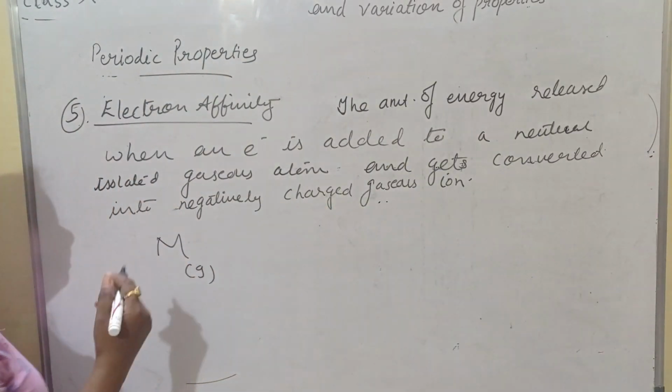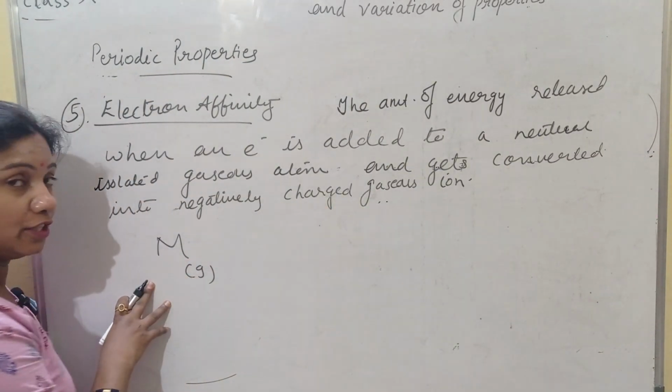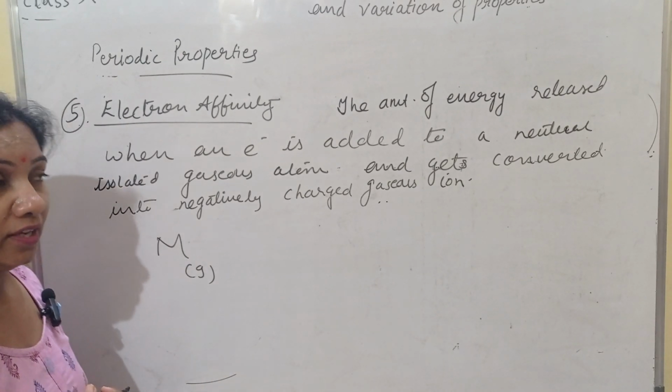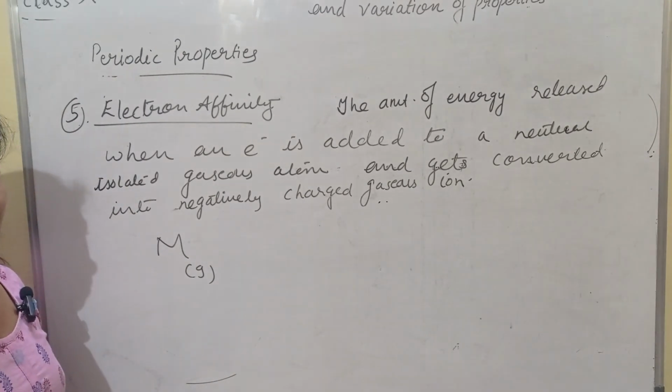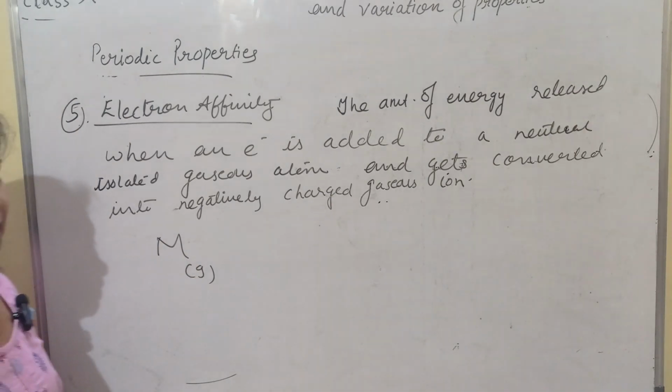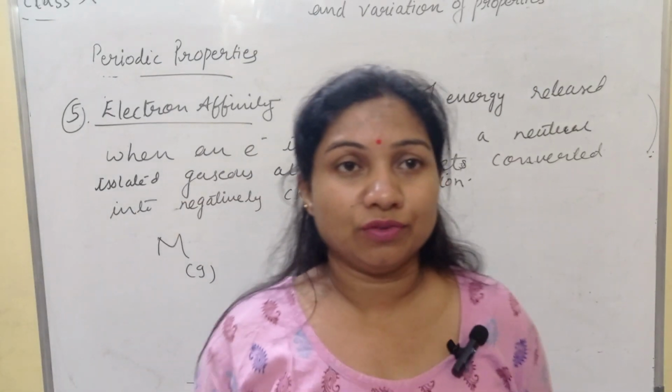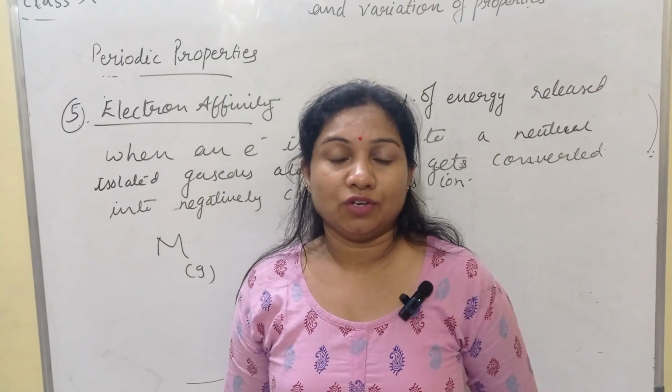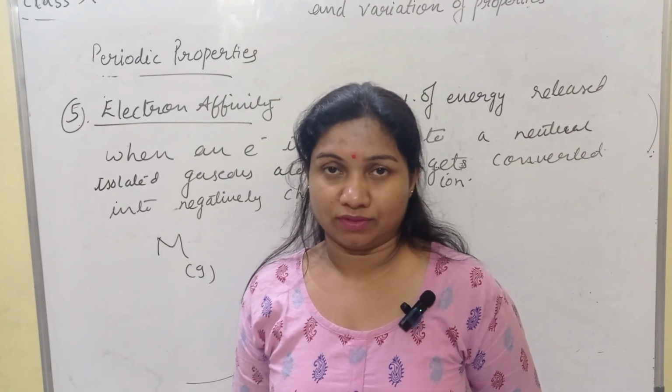Electron affinity is the amount of energy released when this atom accepts the electron, and that energy is called electron affinity. The more the electron affinity value, the more is the tendency of the atom to accept an electron.